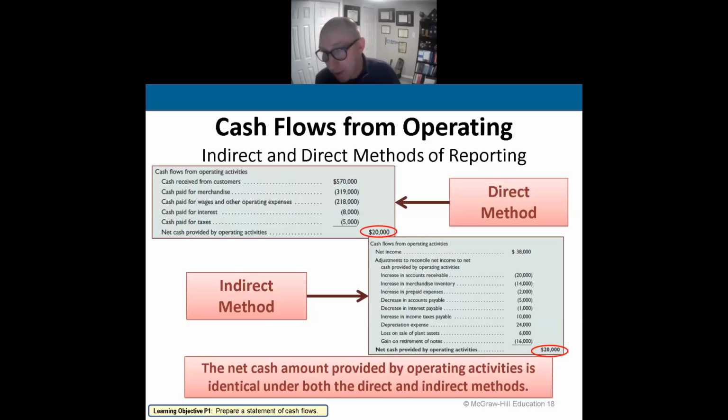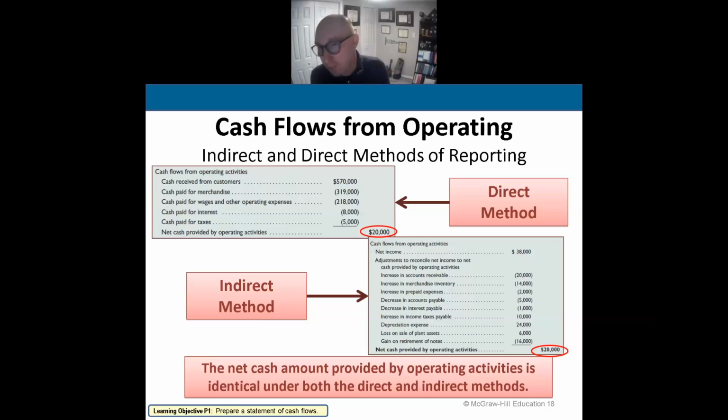It's your cash that came in from your customers minus all the cash you paid out for operating activities to equal net cash provided by operating activities. Very straightforward. We directly followed the cash. That's why I call it the direct method.